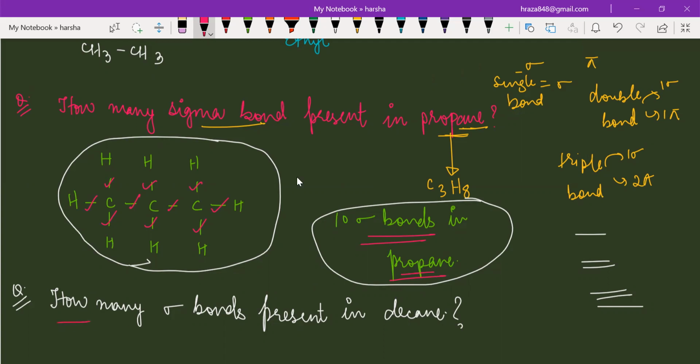Okay. Please write the number of sigma bonds in decane. First you are going to write the structure of decane and count the number of sigma bonds. Sir, I can't read. What's the question? How many sigma bonds are present in decane? Can you see the screen, Arshia? Yes, it was blurred because of my net.